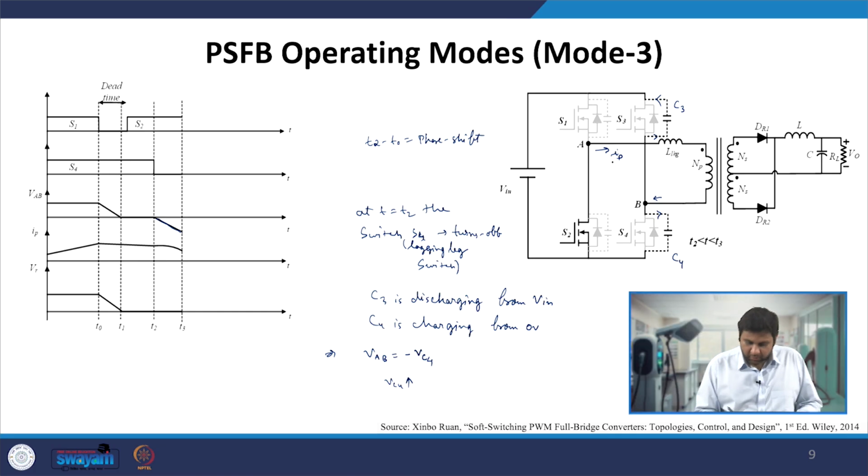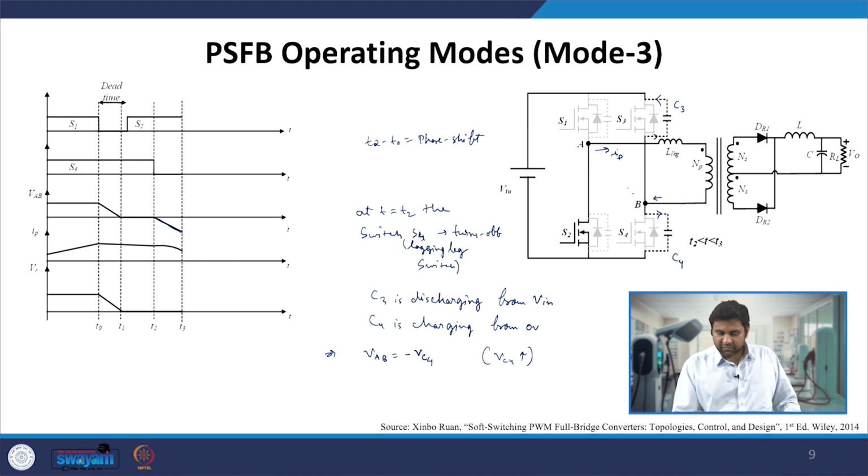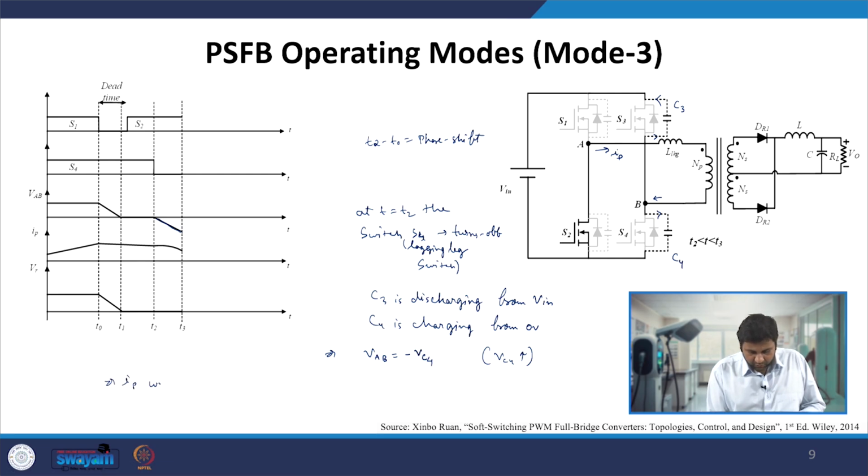Here VC4 is increasing. Since my VAB voltage is negative and applied across the leakage inductance, IP will no longer be equal to the reflected IL current, or output inductor current.